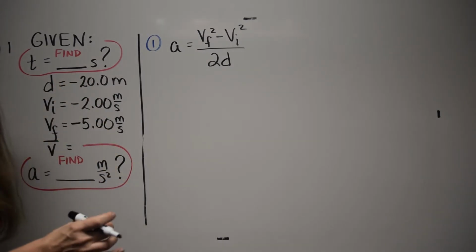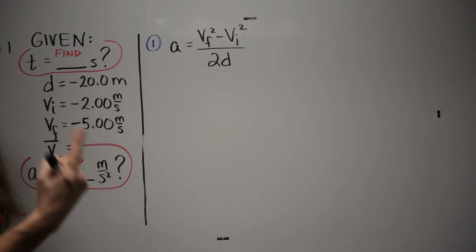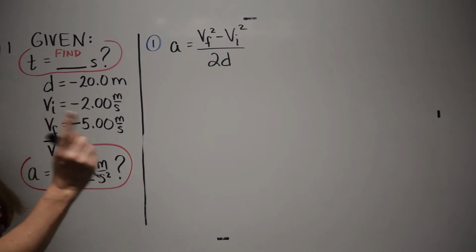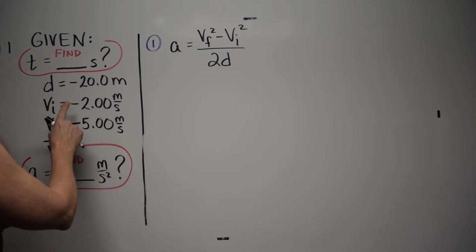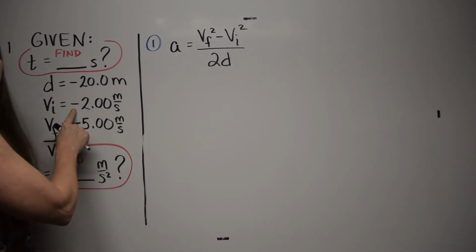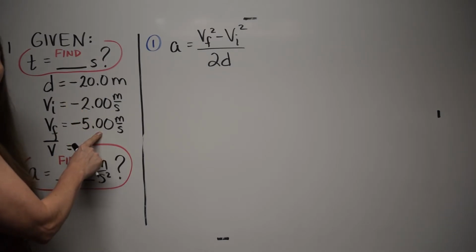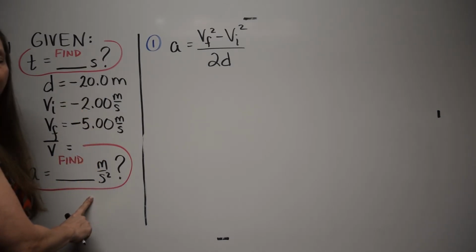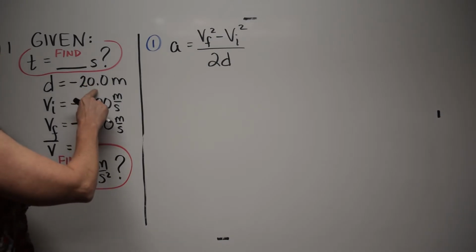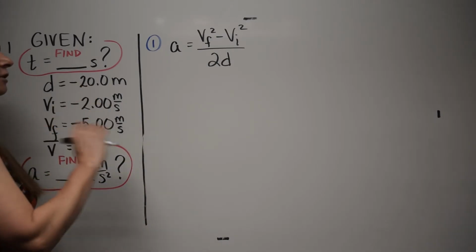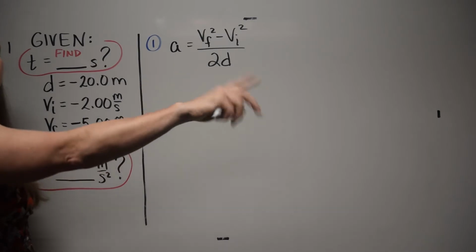When a problem has only one direction, and we know there's only one direction because the horse started going south, ended going south, so we know that the acceleration must have been south, and of course the displacement was south. Everything was south, south, south.